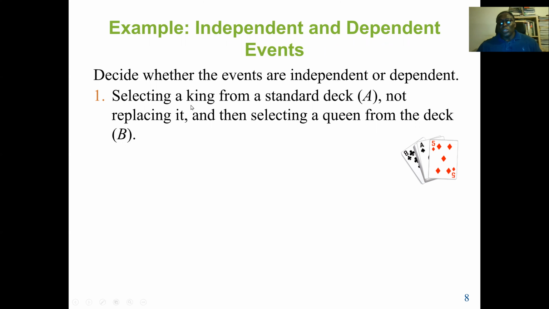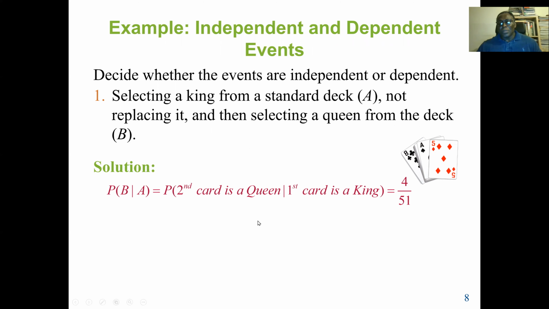So here they say we should decide whether the events are independent or dependent. Selecting a king from a standard deck, not replacing it, and then selecting a queen from the deck.